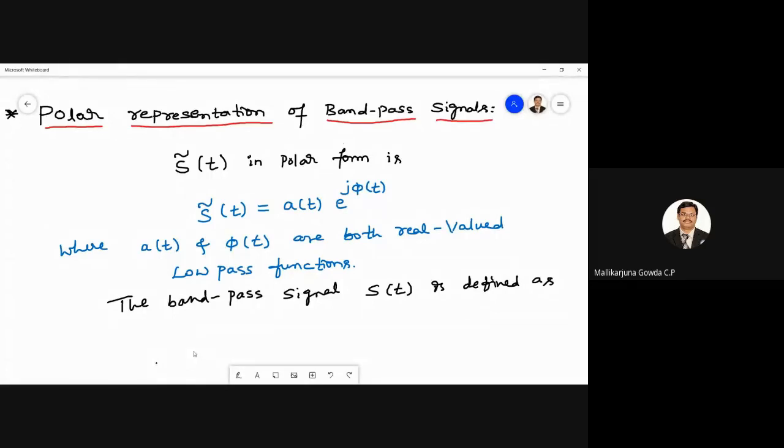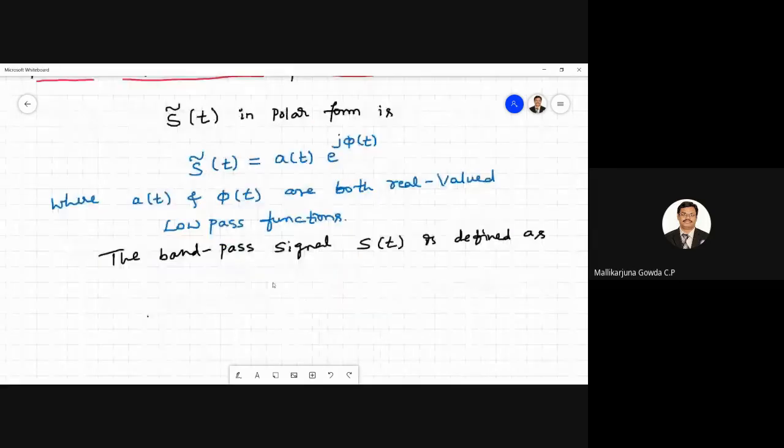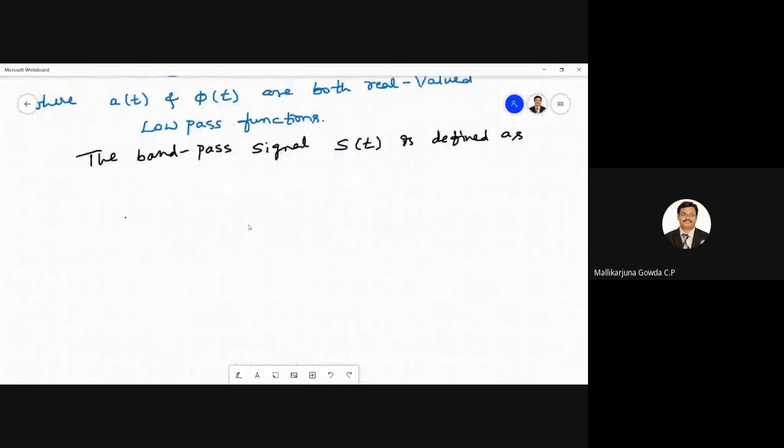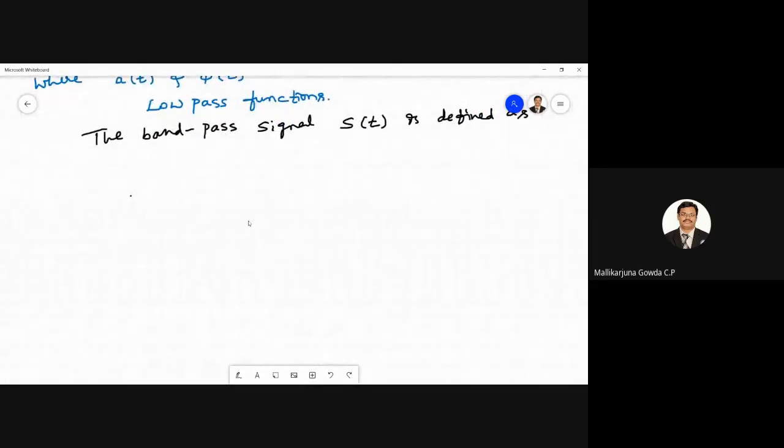I said the complex envelope of the bandpass signal can be written in polar form as S tilde of t is equal to A of t into e power j phi of t. Right? I said A of t and phi of t are both real valued low pass functions. So I can express the bandpass signal S of t as what?